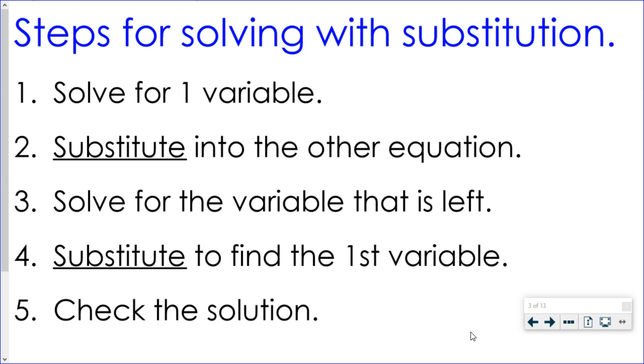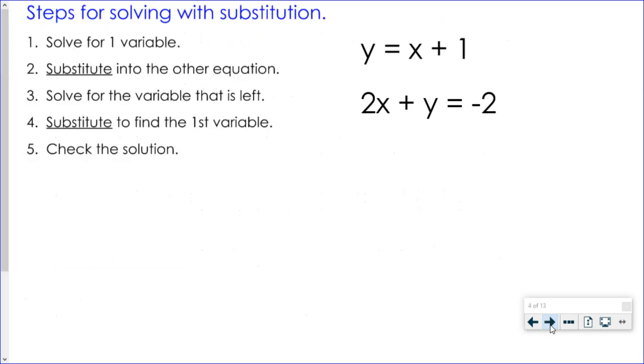So when we substitute in, we will only end up with x's or y's, so you get x equals a number or y equals a number. And then substitute that x, if x equals 6, plug it in to solve for y and get your ordered pair. And always check to make sure it works.